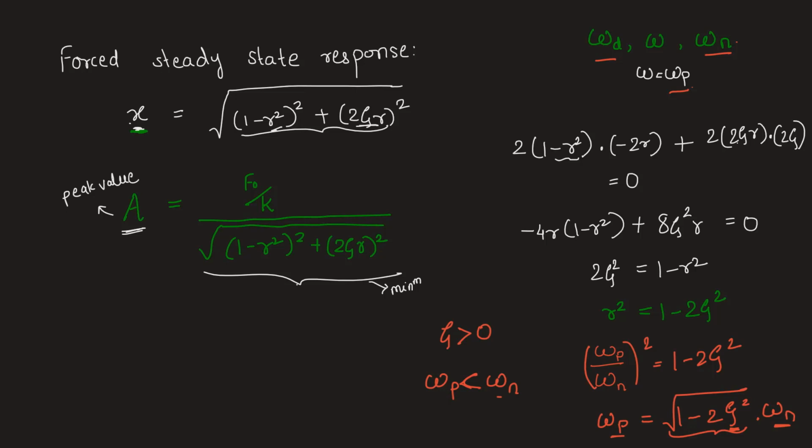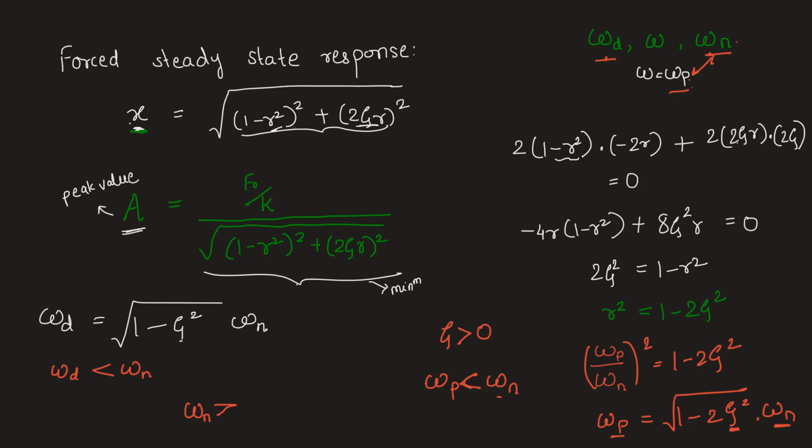So we have a relationship between omega p and omega n. We need to now connect damped frequency to it. By definition, damped frequency omega d is given as under root of 1 minus zeta square into omega n. So from here clearly we have omega d is already less than omega n. Combining these two conditions we will have omega n is the maximum value.